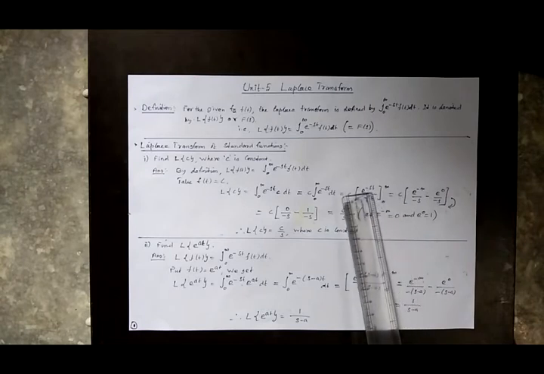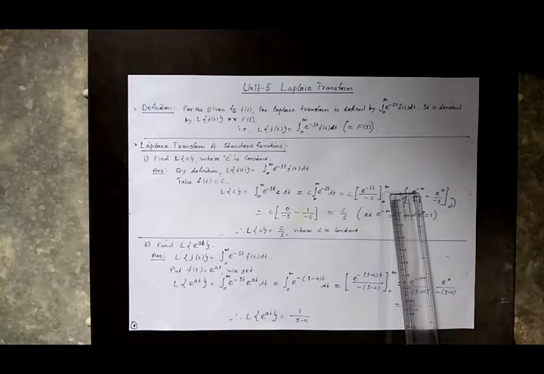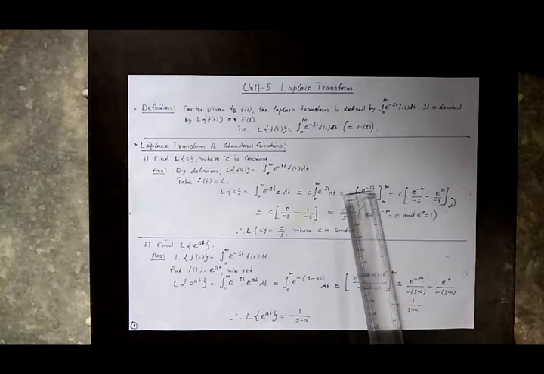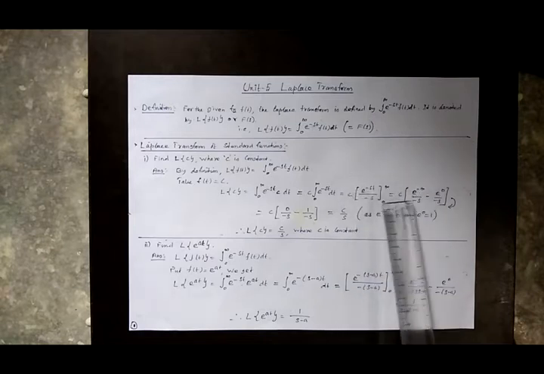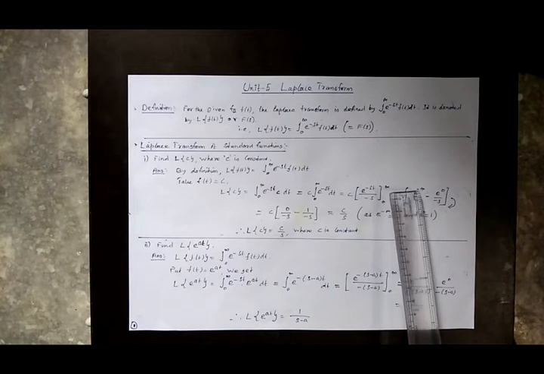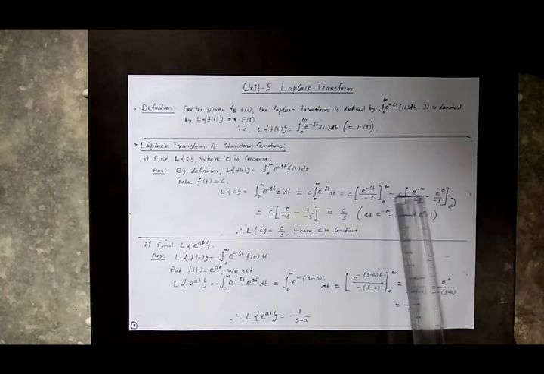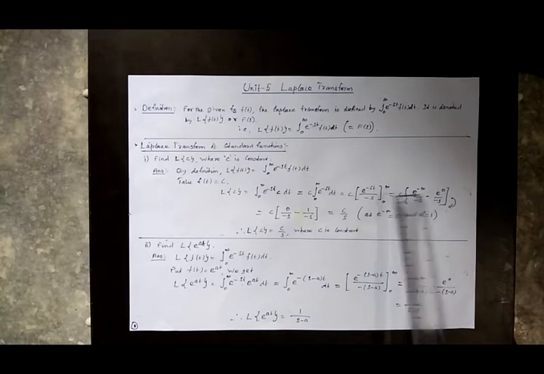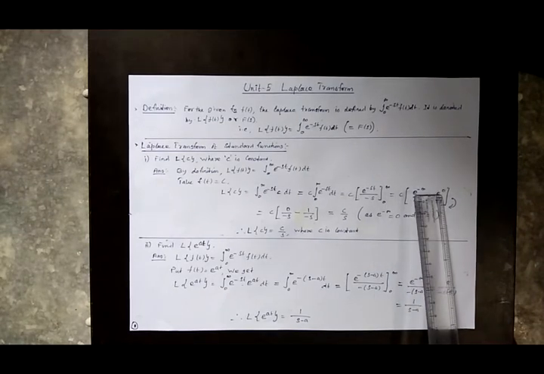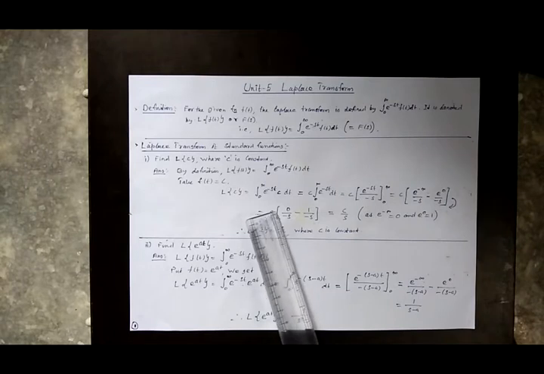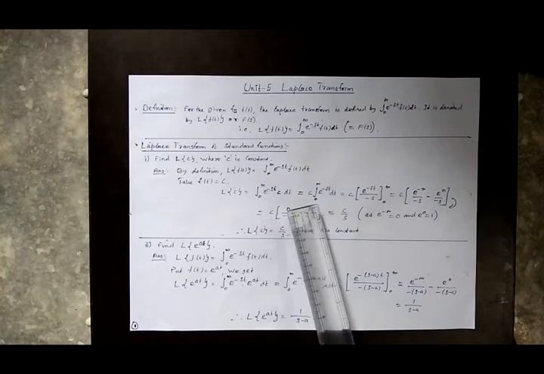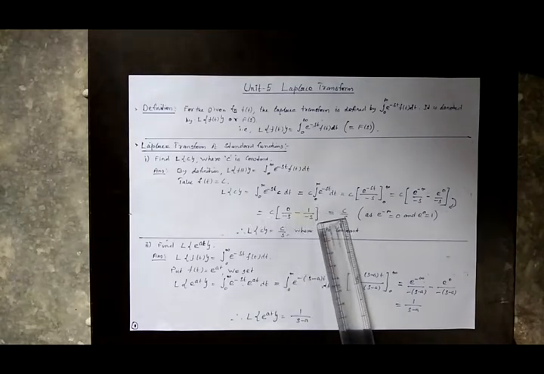If you put t equal to infinity, the power becomes minus infinity. Similarly, if you put t equal to 0, the power becomes 0. So we get c into [e power minus infinity by minus s minus e power 0 by minus s]. The value of e power minus infinity is 0 and the value of e power 0 is 1. So ultimately we get c into (0 minus 1) by minus s, which is equal to c by s.